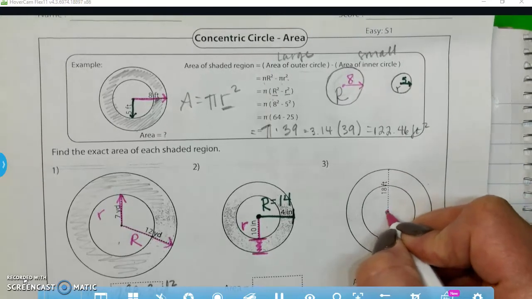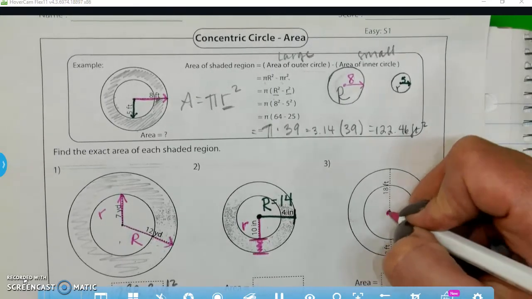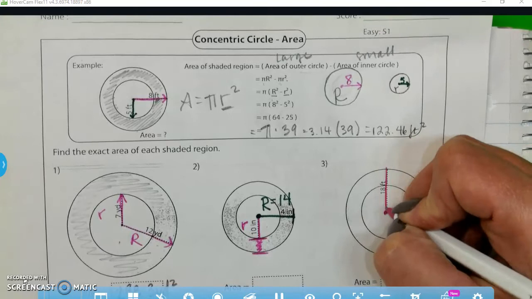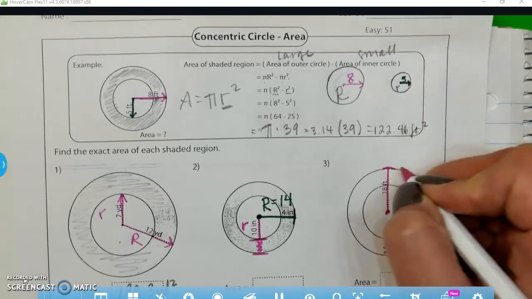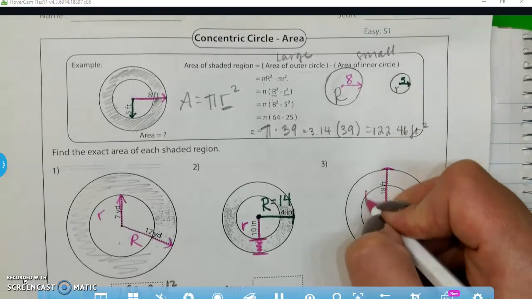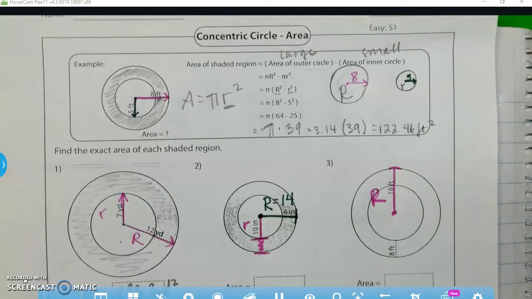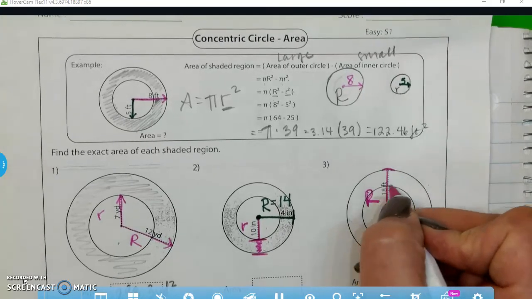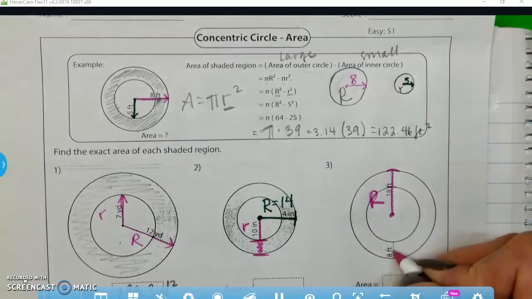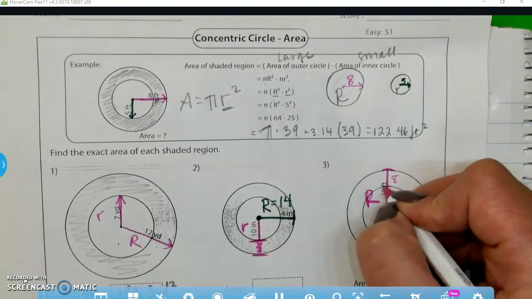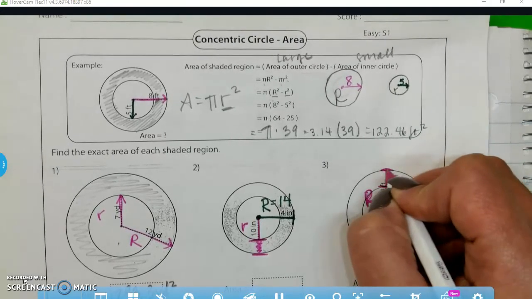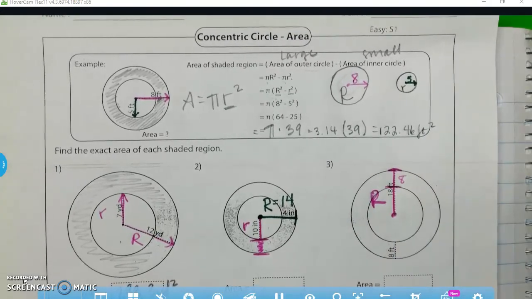We have this measure right here, goes from the center all the way to the outskirts. So what do we have right now? We have the large radius. Yes, we've been using capital R just to kind of make that distinction. We know that this distance right here is 8 from this to this little pathway if we wanted to.